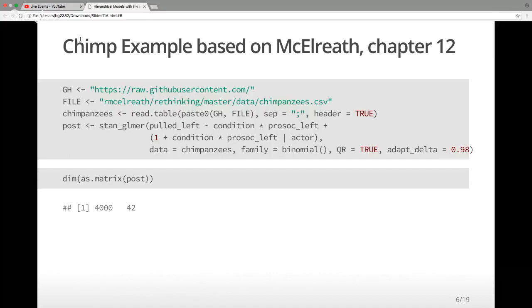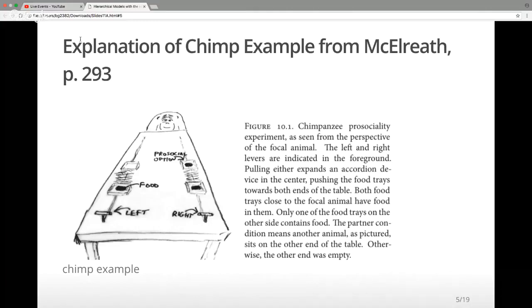Pulled left is a binary variable indicating whether the chimpanzee pulled the lever on the left. That depends on various experimental conditions that were manipulated by the researcher, but there's another variable that says, are the two boxes of food on the left or on the right?